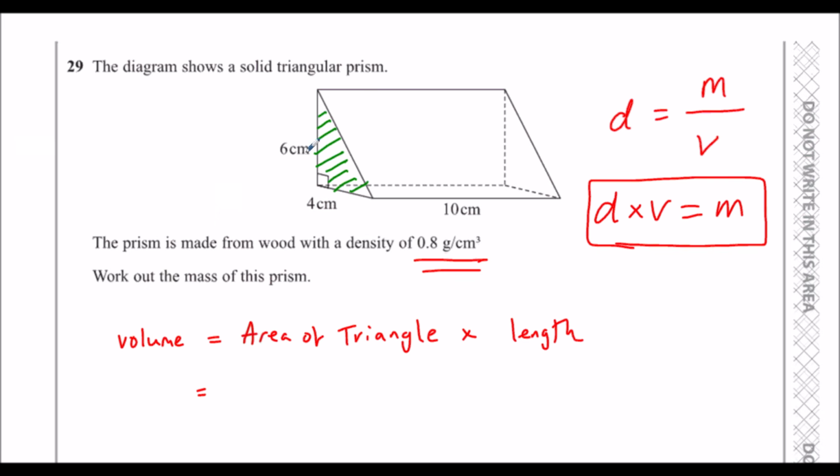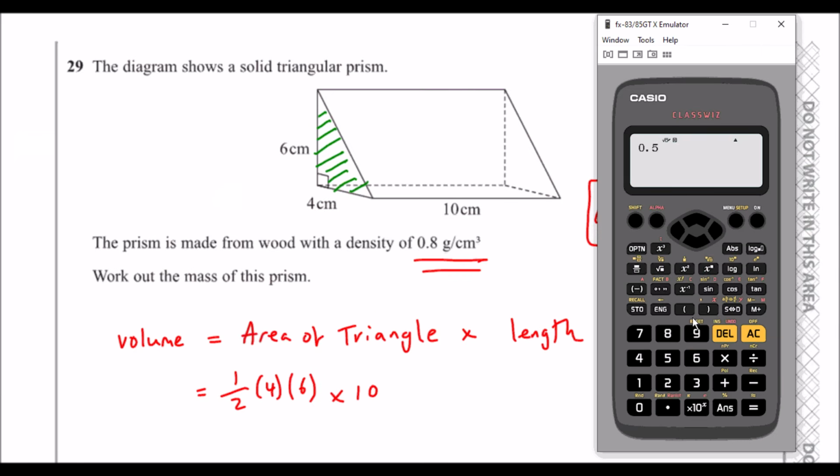The area of the triangle is half base times height. So half times the base times the height, and times the length, which is 10.